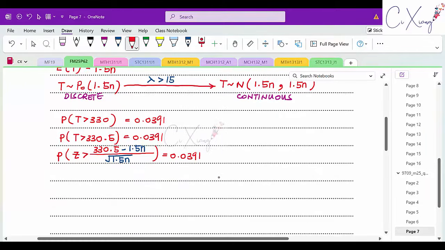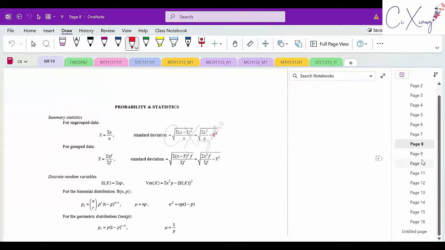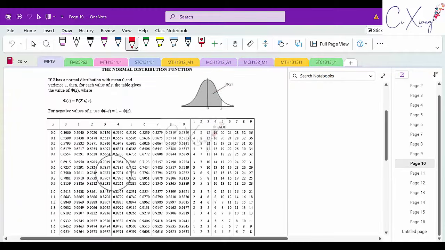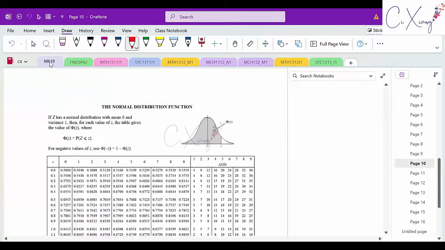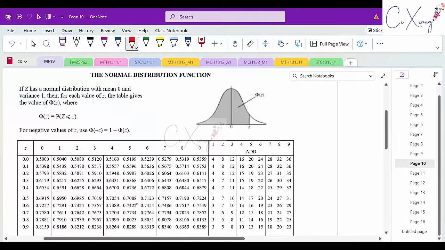The next step: they already give you the probability, and you want to find the value of Z. This means you have to use the table in the reverse way, because the probabilities are all shown here, and the outside column is the value of Z. They give us the probability, and we need to find the value of Z. Looking for 0.0391, there is no 0.0391 in this probability part.